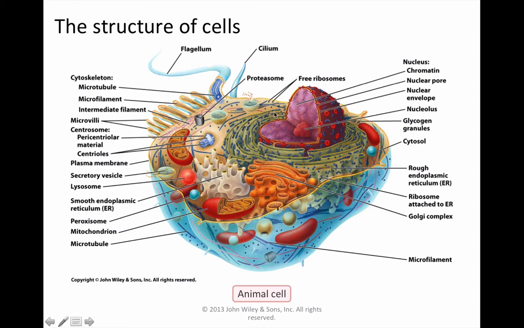Again, eukaryotic cell has a nucleus. Inside that nucleus, we have chromatin. This is where we have that condensed DNA or genetic material.